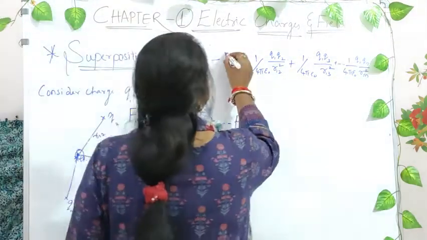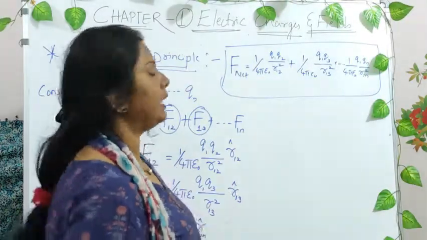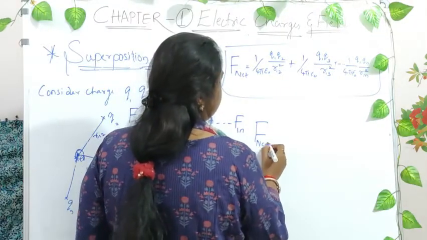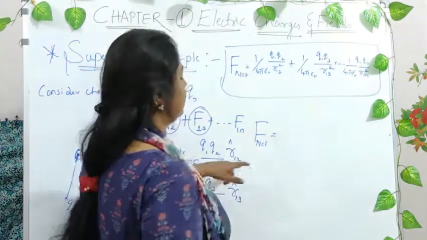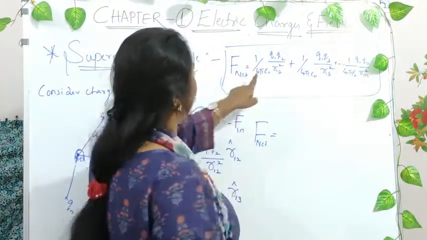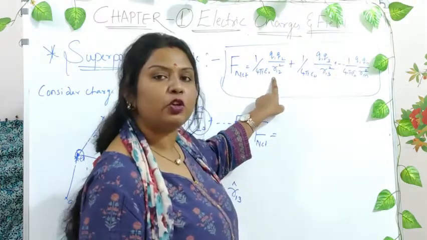Now how can this be explained? This expression can be simplified and written as F net, that is the net force on the charge Q1, equal to, what is common here everywhere? Q1 and 1 divided by 4 pi epsilon naught are common.